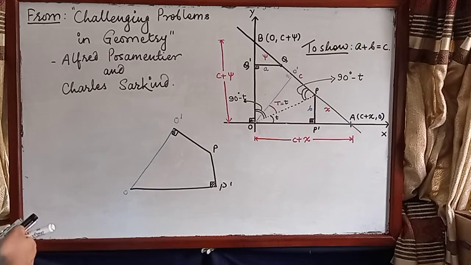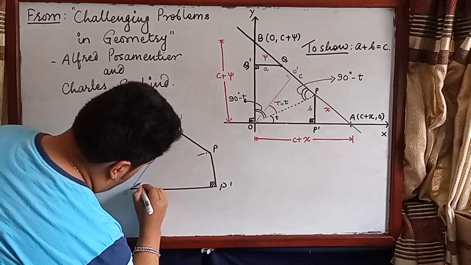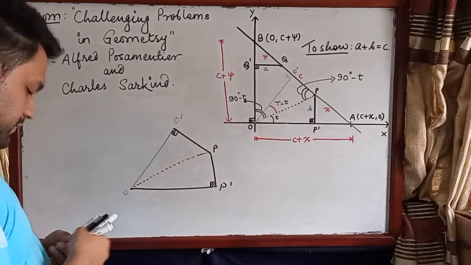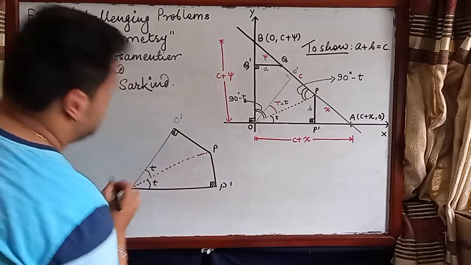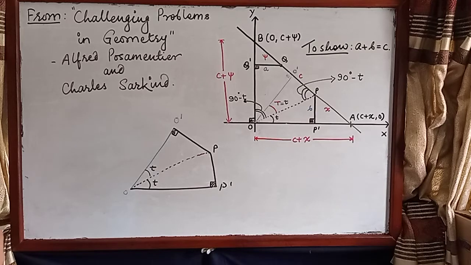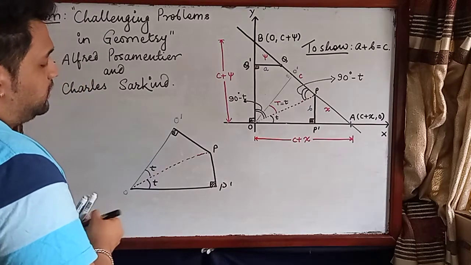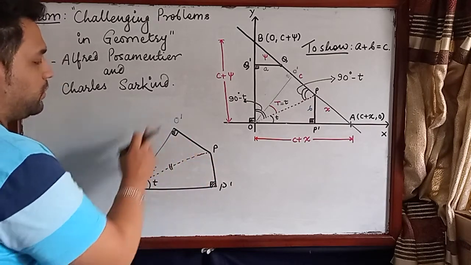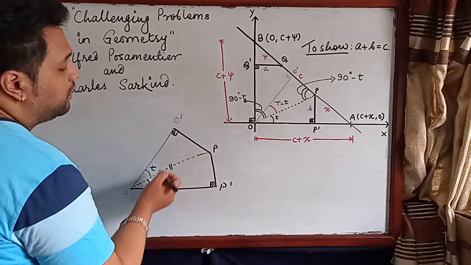What we have is line OP, and this angle is T and this angle is T. Since this is a common side in triangles O dash P and P dash, we have two angles equal and a side equal.